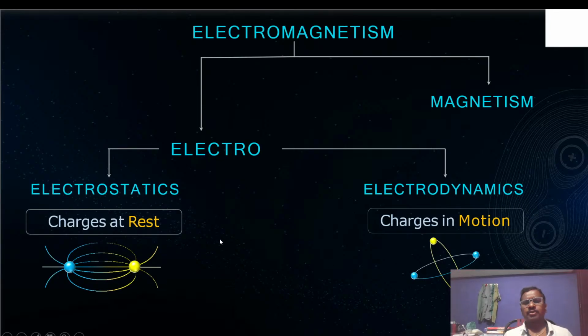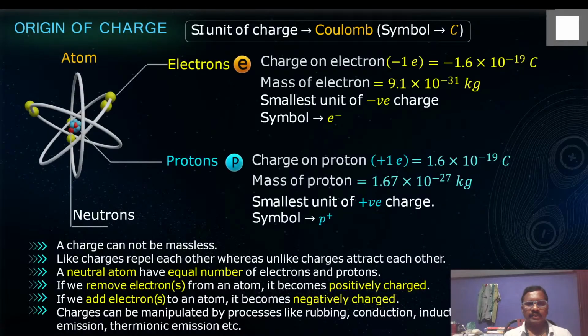Important means from the base we have to know it. Right. So let us see. This is the atom. Atom consists of protons, neutrons, electrons. The charge of the electron is minus 1.6 into 10 power minus 19 coulombs.